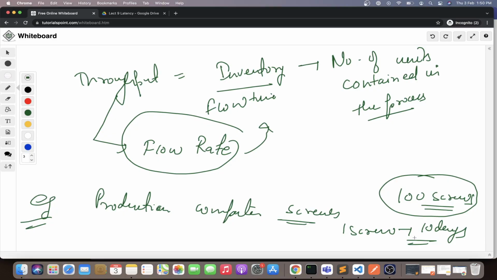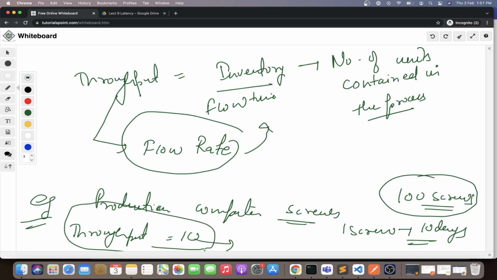It might seem odd that one screw takes so long, but it's just an example, you don't need to relate it to the real world. So the throughput here, if we calculate, will be 10. How? It's the inventory divided by the total flow time.